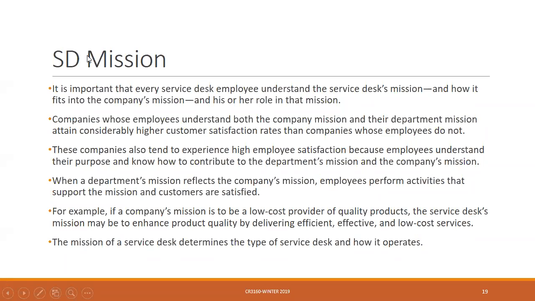So the service desk mission, I've already sort of addressed that, is going to support the organization's overall mission. And the overall mission of the organization has to address a lot of things. It has to address that passion. What is it about this company that we're excited about, why we wanted to get into business?